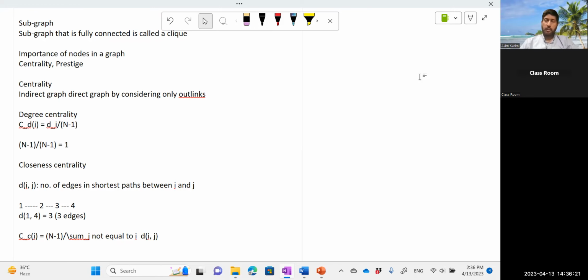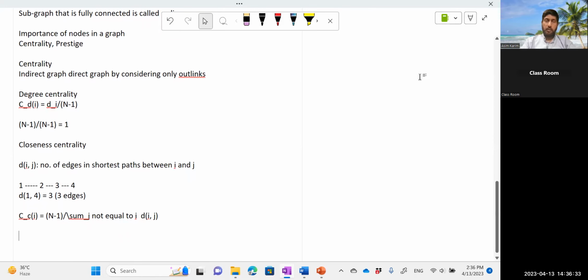So नीचे denominator में sum है. So if I is connected to some nodes j, so we'll sum their distances. ठीक है? और वो denominator में आ जाएगा. So what are the cases here? So of course in this, so let's say if I is connected to every other node directly, डिग्री उसकी n-1 है, और वी आर टॉकिंग अबाउट इनडायरेक्ट ग्राफ, तो ऊपर न्यूमरेटर में भी n-1 हो जाएगा और डिनोमिनेटर में भी n-1 हो जाएगा.